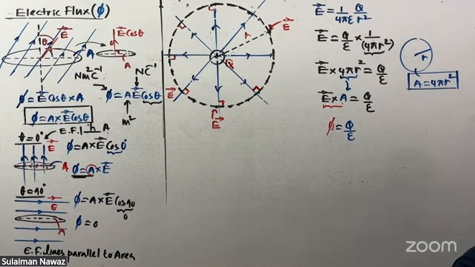Okay, then the story is, in the beginning I defined that electric flux means area into the electric field intensity perpendicular to that area. So from this derivation, we realized that we can write another equation for electric flux: electric flux equals the charge over epsilon.